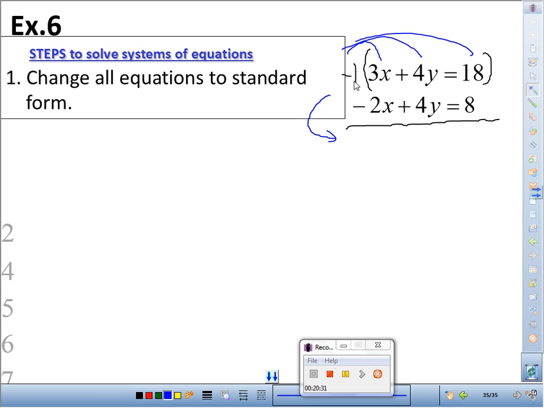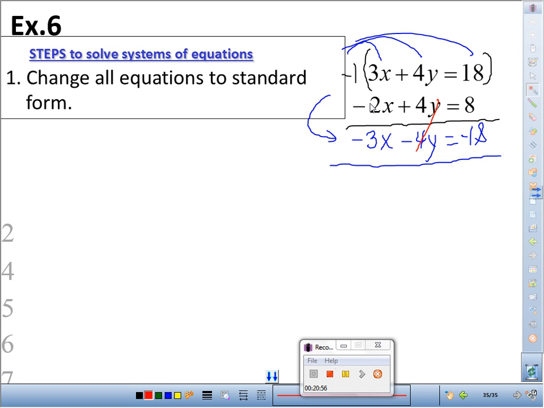So therefore, what is -1 times 3x? -3x. What is -1 times 4y? -4y. What is -1 times 18? -18. Now can we eliminate? Yes, right? Which one is going to eliminate, Andrea? The y. So what is 4 minus 4?